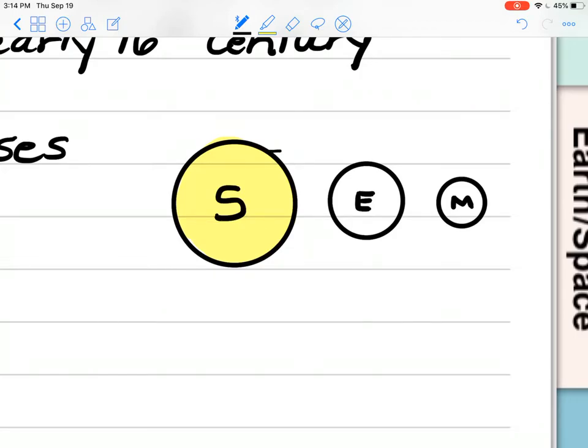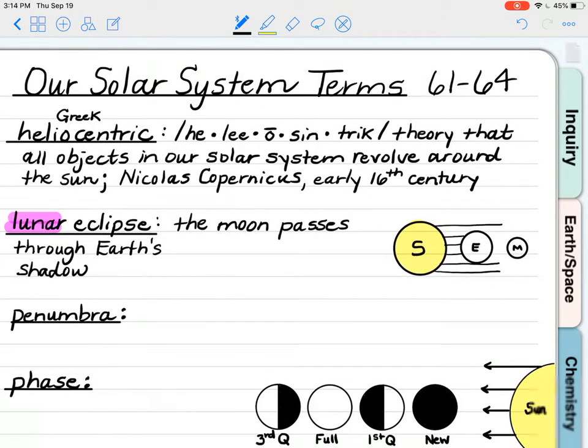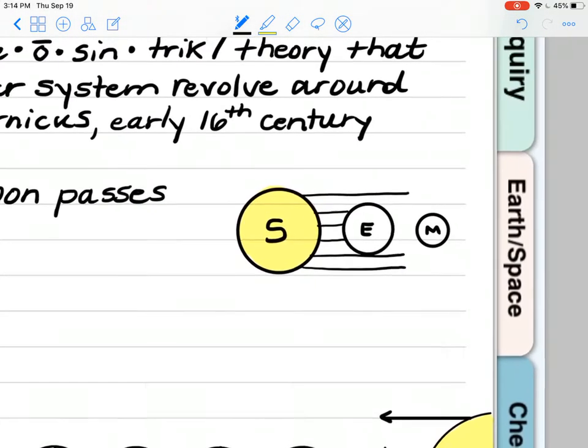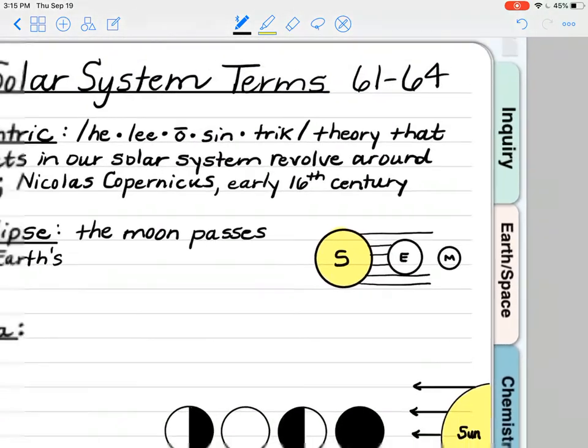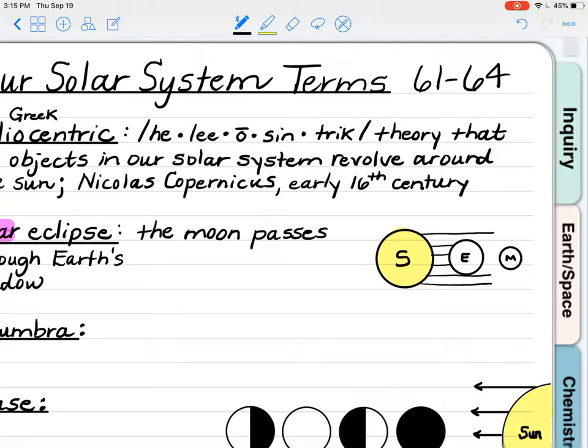So the sun is sending out rays, always while it's burning. So what's going to happen when the moon passes through Earth's shadow? What's happening in this picture to the moon? Well, no light is reaching the moon because the Earth is in the way. The Earth's shadow is casting on the moon. So this is a diagram of a lunar eclipse.